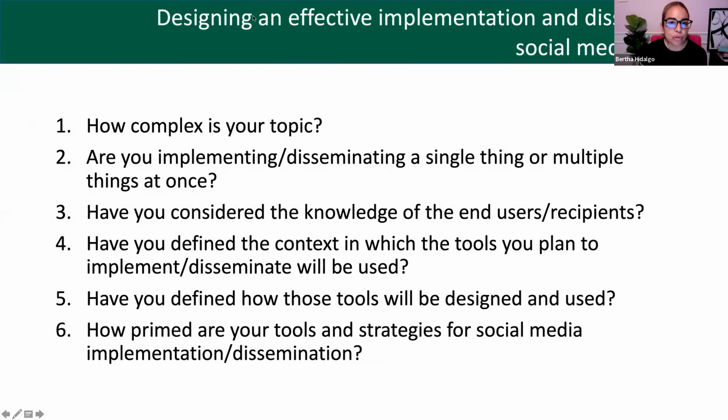So some food for thought for designing an effective implementation, well, really a dissemination social media strategy is what I'm focused on here, is to understand how complex your topic is. And are you disseminating one single idea or is it multiple things at one time?